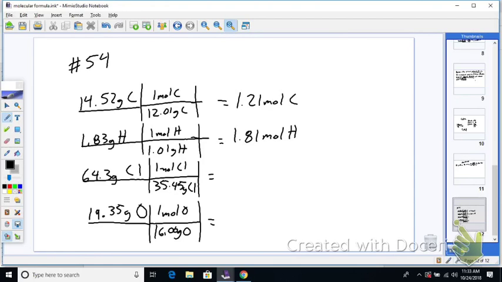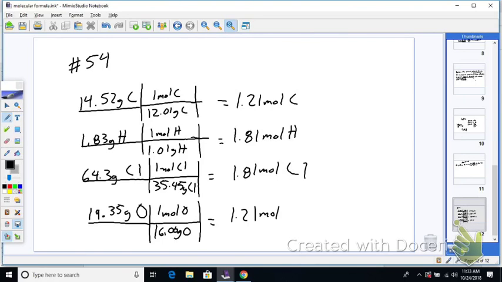Third one, chlorine, 64.3 divided by 35.45 gives me 1.81 of chlorine. And then if I take 19.35 divided by 16, I get 1.21.